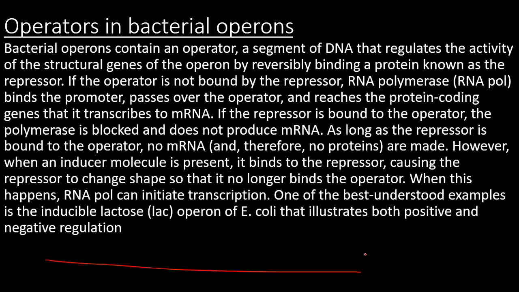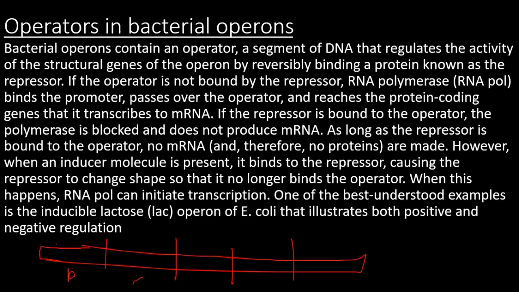So I'm trying to draw a DNA sequence here. Let me divide it into some parts. This is the promoter region. This is the operator, and these are now the structural genes. Let's say for lactose, the LacZ, LacY, and LacA genes.